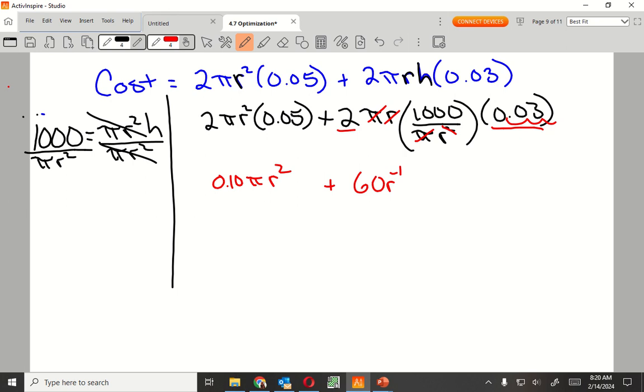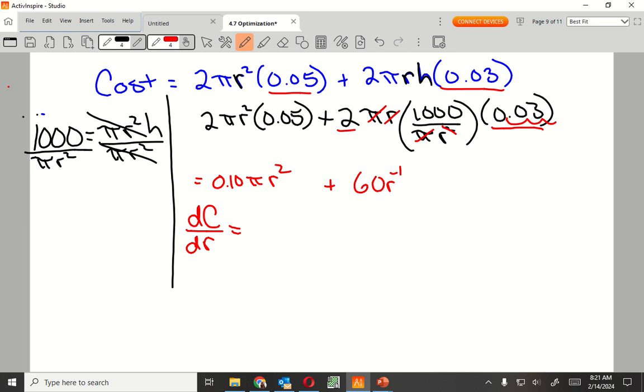Now let's take the derivative. Okay, so we're going to take the derivative of the cost, because I made it into a cost formula by adding how much each one cost. So the derivative of the cost in terms of what variable? dr. Yes, very good. So this is going to give me 0.20 times pi.